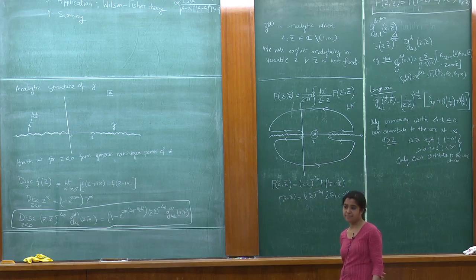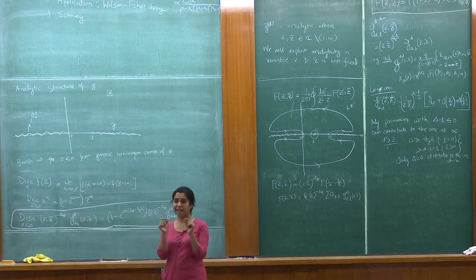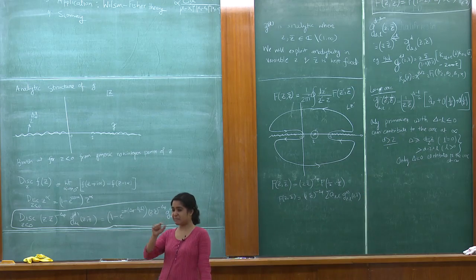But maybe the U channel has some weird interpretation. One thing is that when we are choosing the value of z bar between 0 and 1, the z bar cut lies between 0 and 1.